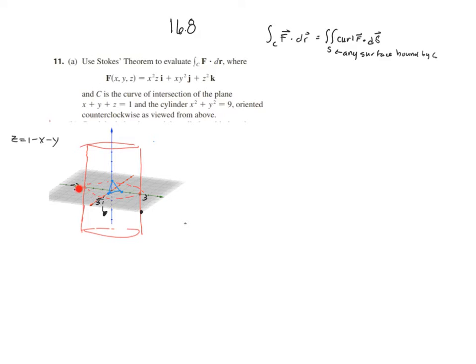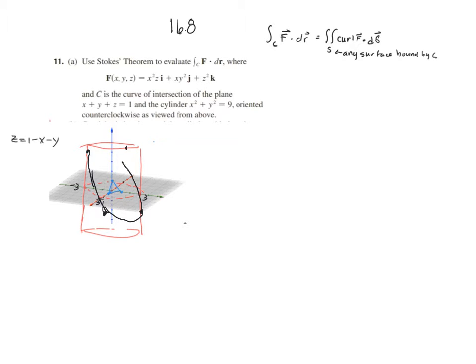When y is negative 3 and x is 0, I'd have 1 minus a minus 3, which is 4, so we'd be 4 units up over here, like this. And same when we're above this point where x is negative 3 and y is 0, we would be up 4 units there as well. And so that gives us a little bit of an idea of where those points get mapped to.